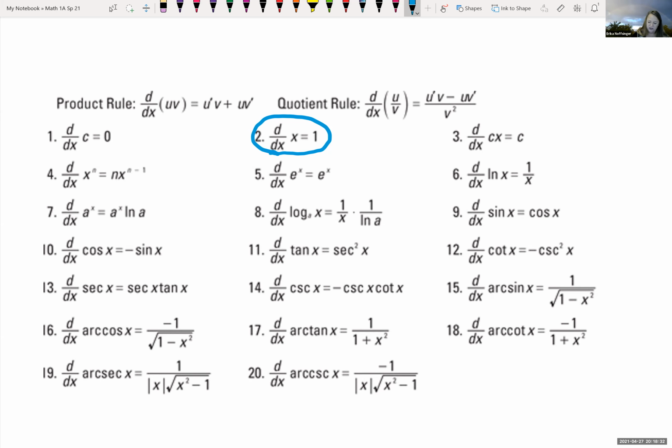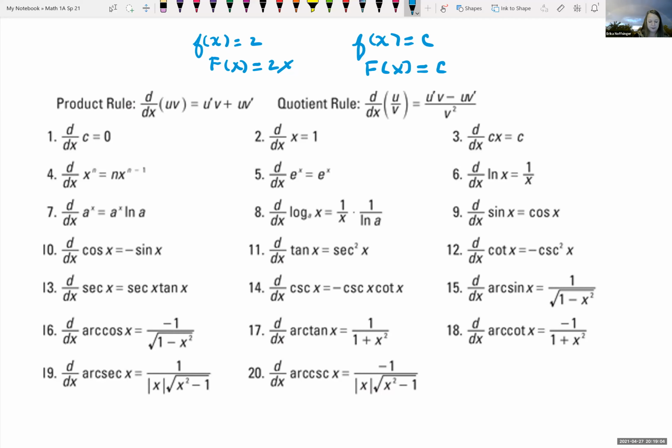What if I took the derivative and wanted to get back 2? If f of x was 2, then the antiderivative would be 2x. If my function f of x was any constant, c, then the antiderivative would have to be c times x.